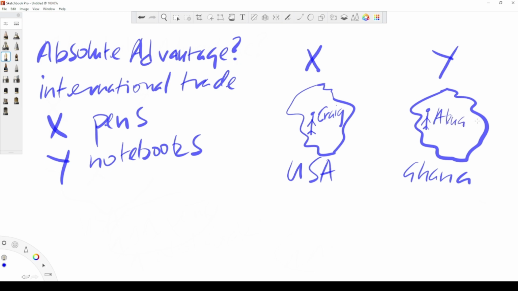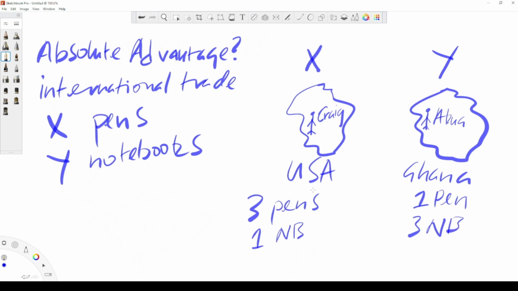Absolute advantage says that if USA is able to produce 3 pens and say 1 notebook, I'm going to use NB as a shorthand for notebook, and Ghana can produce 1 pen and say 3 notebooks, then here we can see that USA has an absolute advantage in the production of pens.